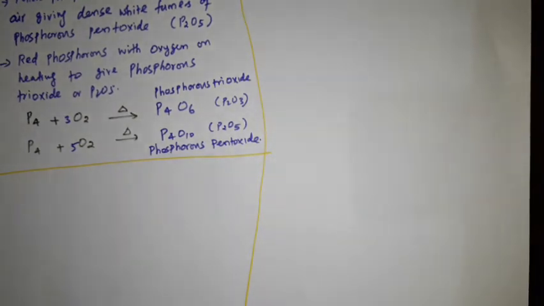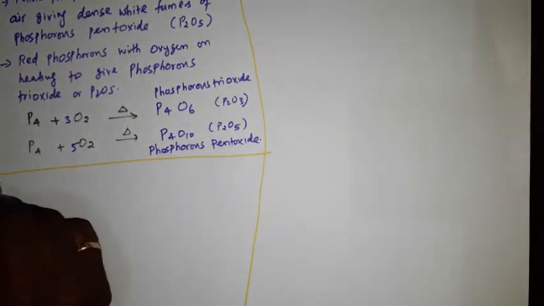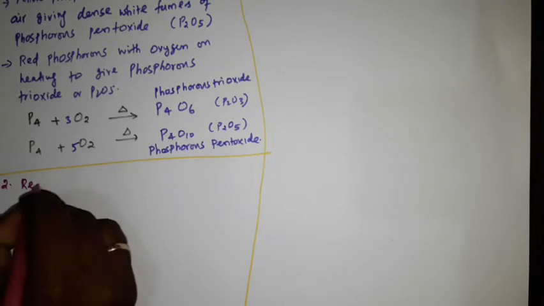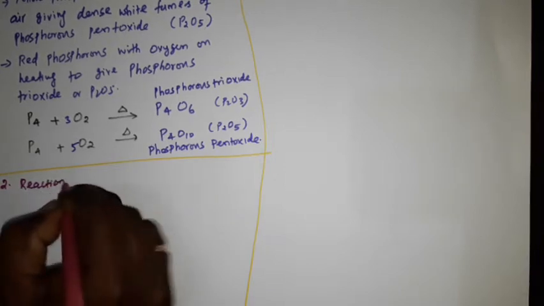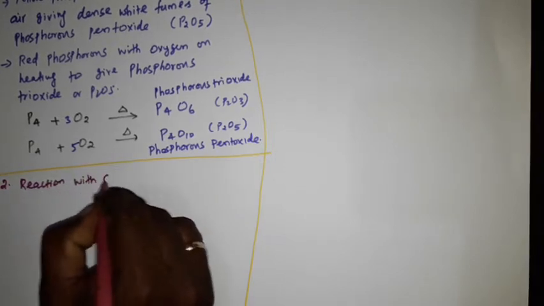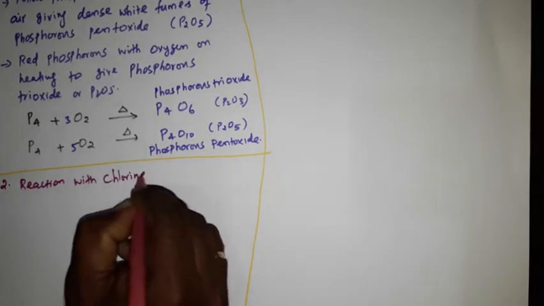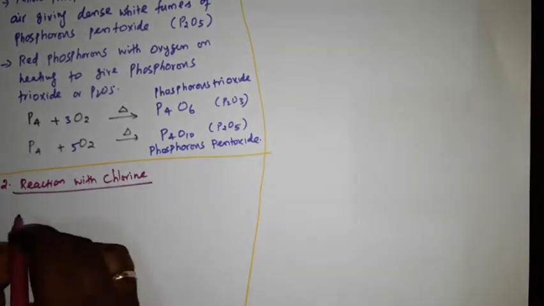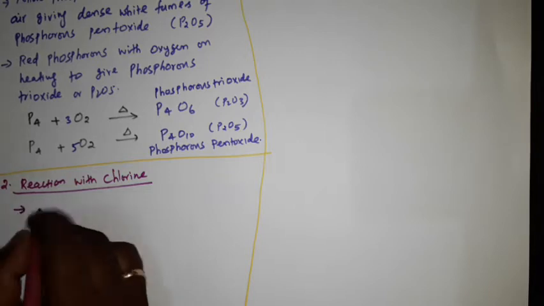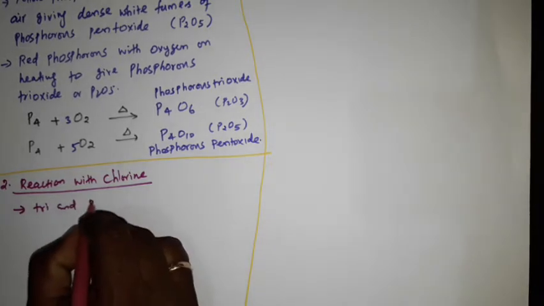Next reaction is reaction with chlorine. Phosphorus reacts with chlorine to form tri and pentachlorides.